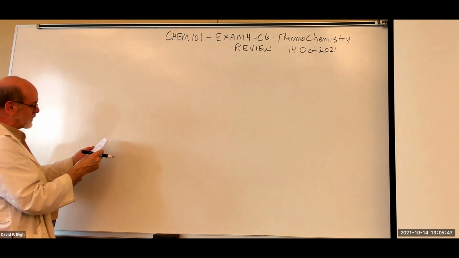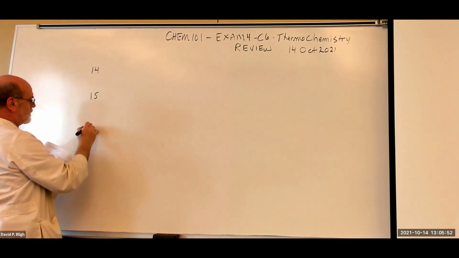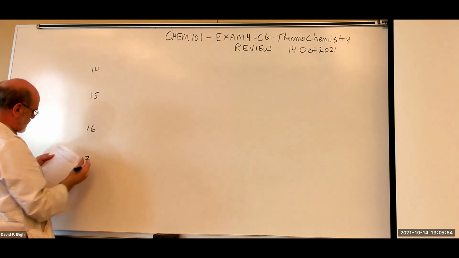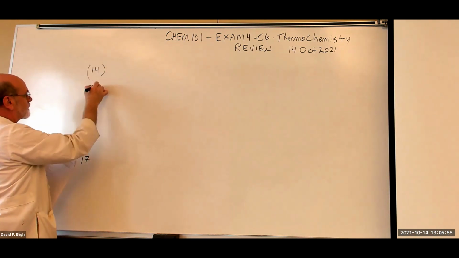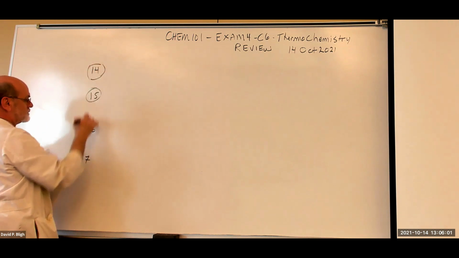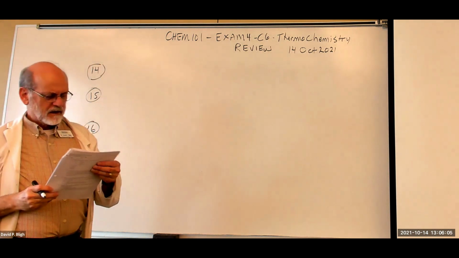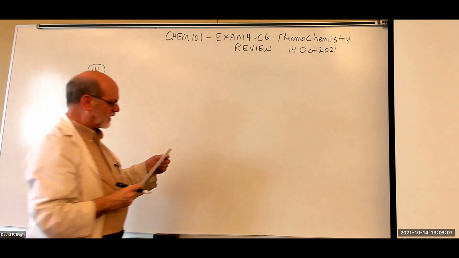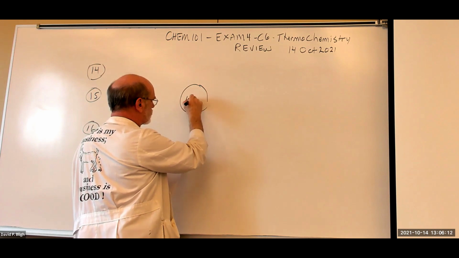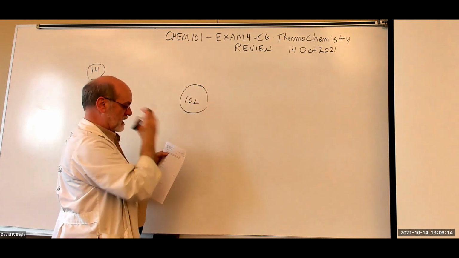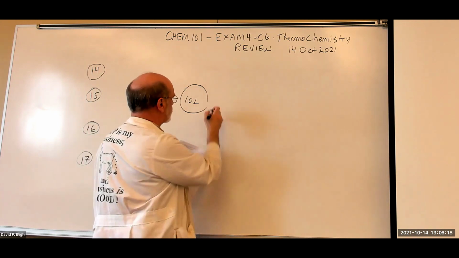How about 14 through 17? These are all based on that statement at the top of the page. So the statement at the top of the page says, a gas in a 1 liter bulb, so that's 1 liter, is connected through a valve to another bulb that's initially evacuated.